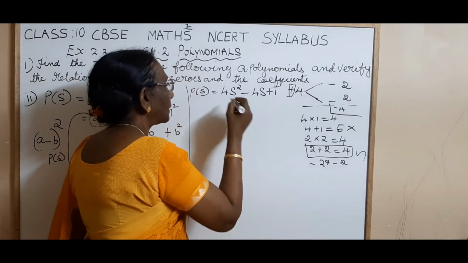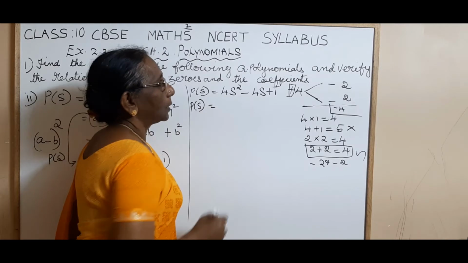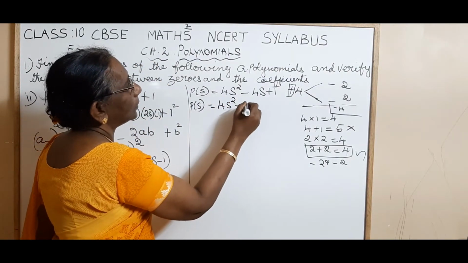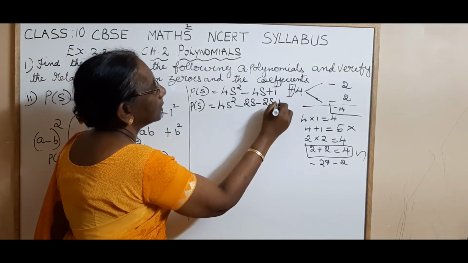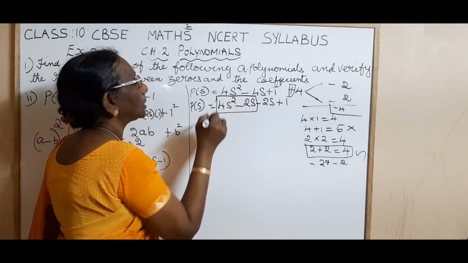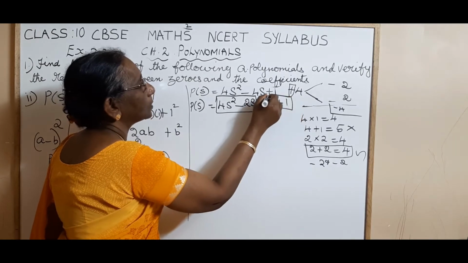Okay, so what will you do? P of s is equal to 4s squared minus 2s minus 2s plus 1. Now you have to factorize the first two terms and then the last two terms.